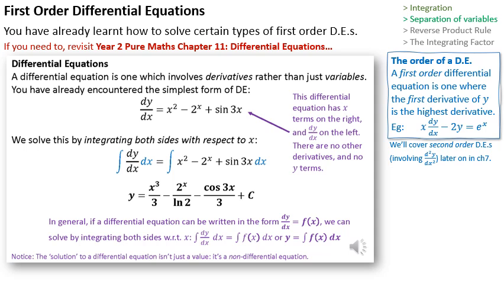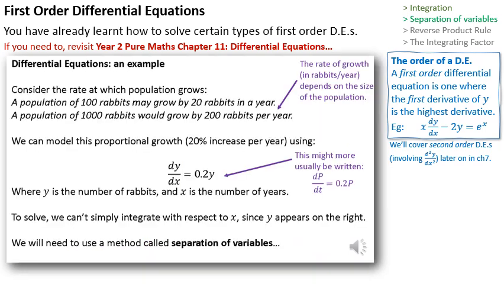That suggests that there's a whole range of different valid equations that satisfy the differential equation, which makes sense because we already know that if you have something like dy by dx equals x squared, there's more than one valid thing that y could be. Y could be x cubed over 3 plus 7, or x cubed over 3 minus pi, and so on. So we use a constant of integration to represent that.